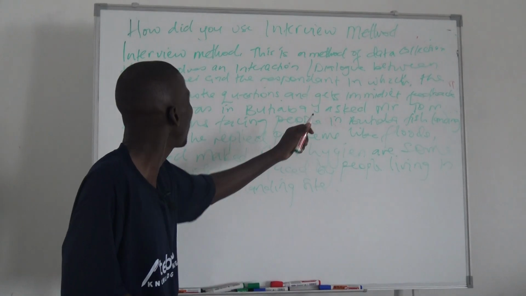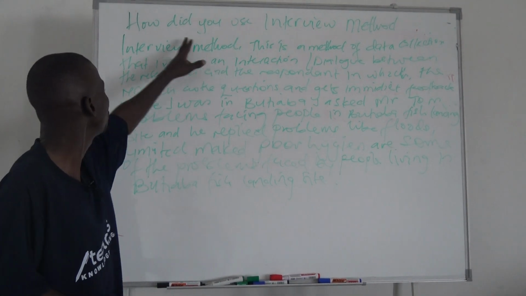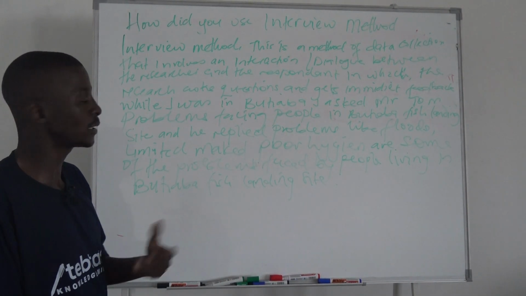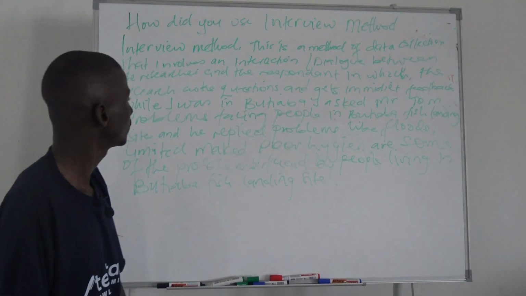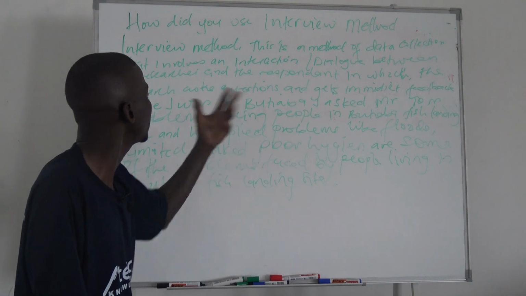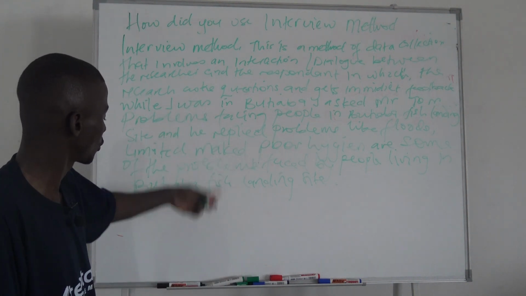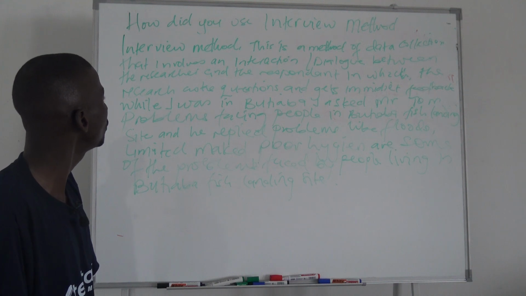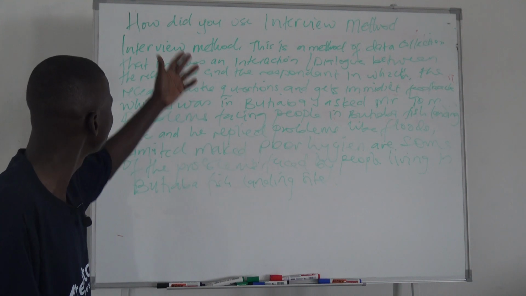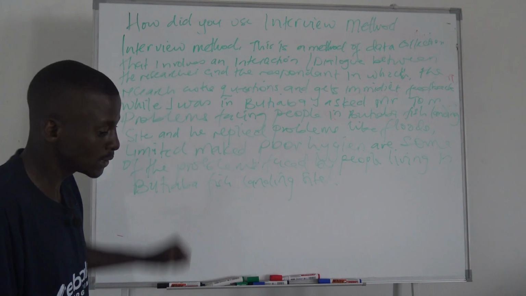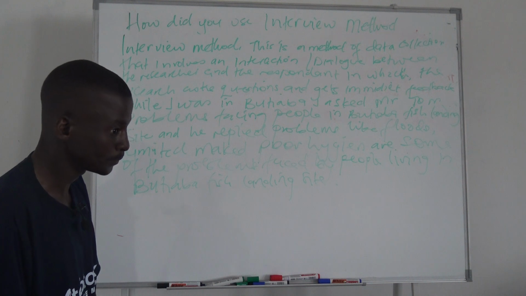Once you repeat that word, you have to replace the word interview with another word. That's why we are using words like I asked, I interacted with Mr. So and so to know what I wanted to know. So that is how the method should be presented.